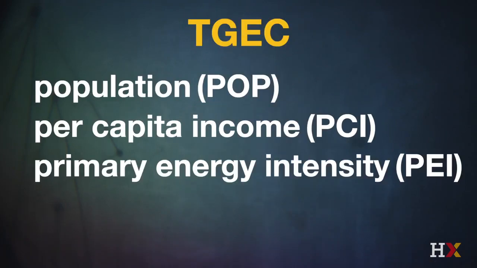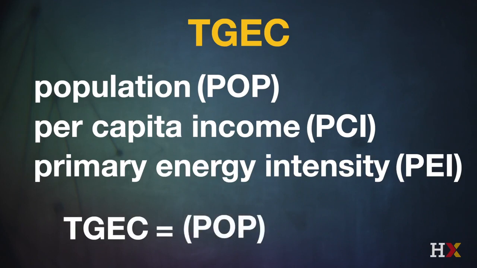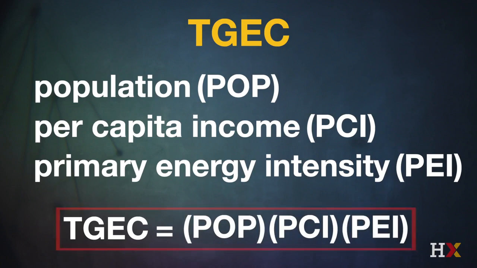And that means that we can calculate the total global primary energy consumption as a product of population times PCI times PEI. And of these, the population is probably the most obvious.